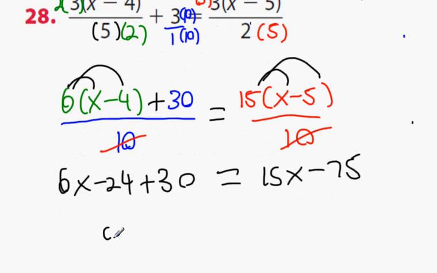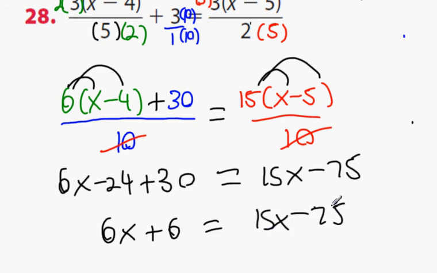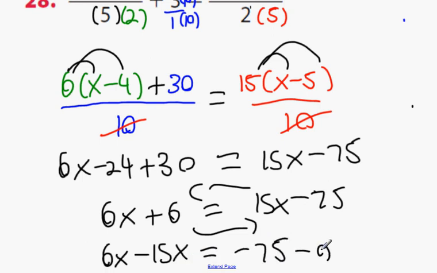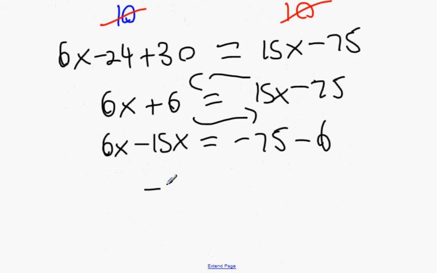What I'm going to get next is 6x plus 6. I'm going to bring the 15x minus 75. Bring the x's over one side, the numbers over the other. I'm going to get 6x minus 15x equals minus 75 minus 6. Minus 8x equals minus 81. Or sorry, minus 9x equals minus 81.